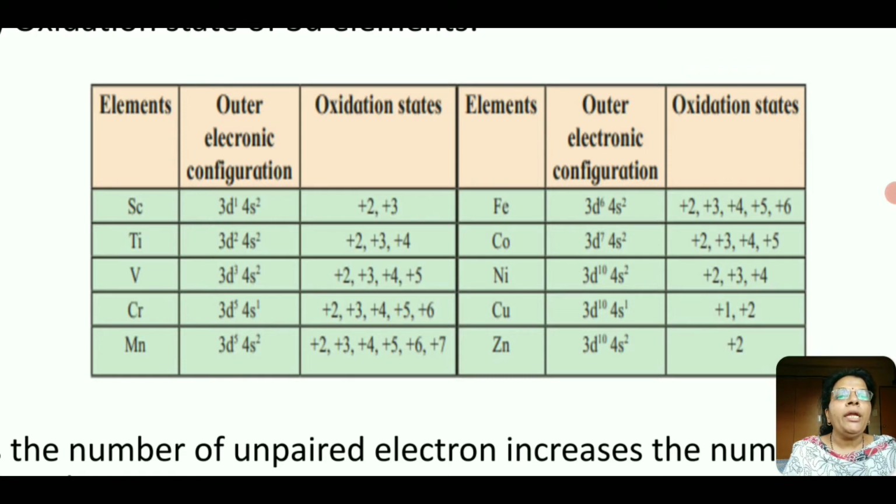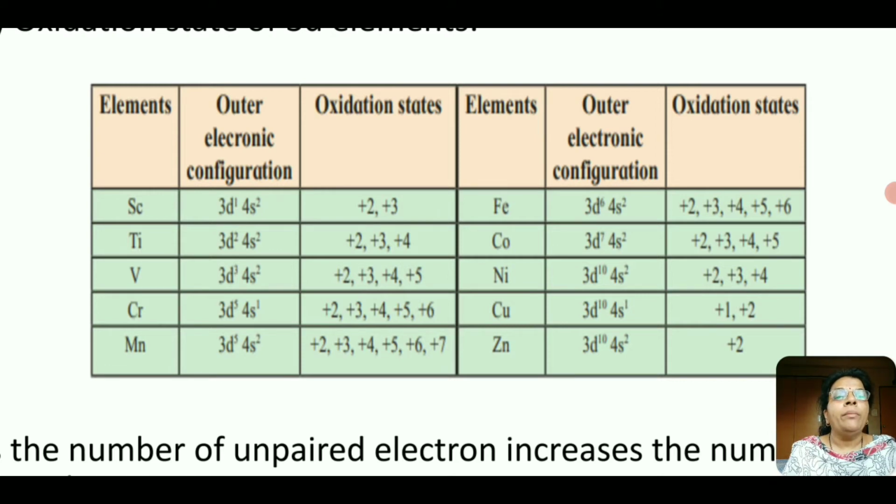In case of titanium, the outermost valence electronic configuration is 3d2 4s2, and the oxidation states are +2, +3 and +4. Now in case of scandium, the +3 oxidation state is more stable. In case of titanium, the +4 oxidation state is more stable. This is due to argon gas configuration.